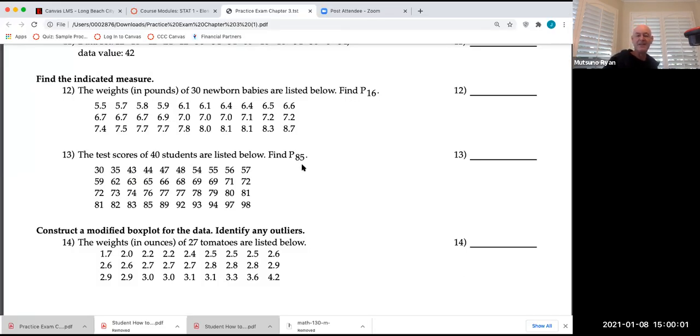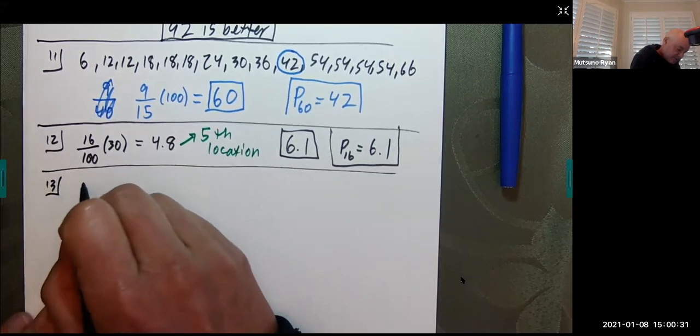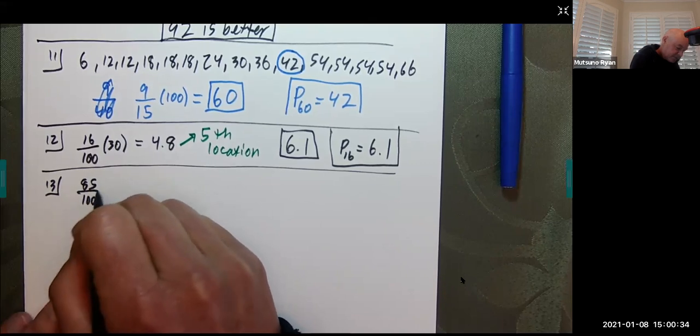Number 13, we want P sub 85, meaning I want to find the location that will guarantee 85% of the data will be below it. There are 40 here total. So I need to find 85% of 40.